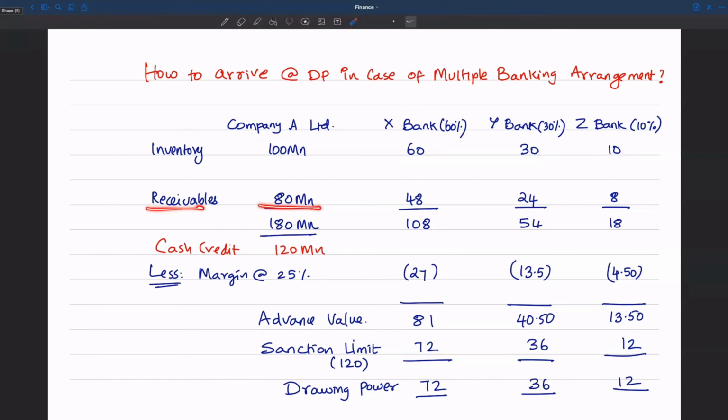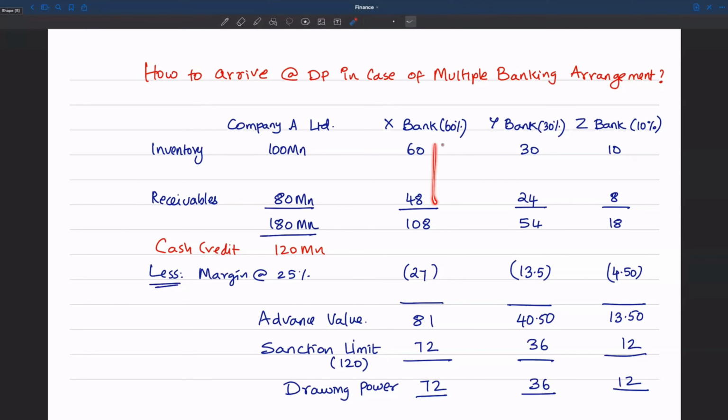Similarly, receivables 80 million they have. 60% of this 80 million will go to Bank X, 30% of 80 million will go to Bank Y, and 10% of 80 million will go to Bank Z.